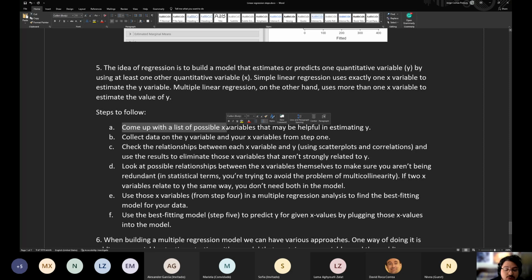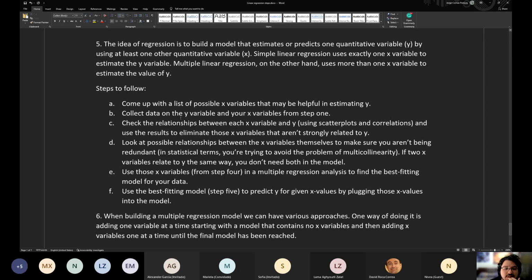You go through your data and assess and guess which are the possible x variables, so independent variables, that may be helpful in estimating y. You collect the data on the y variable and the x variables that you deemed appropriate.